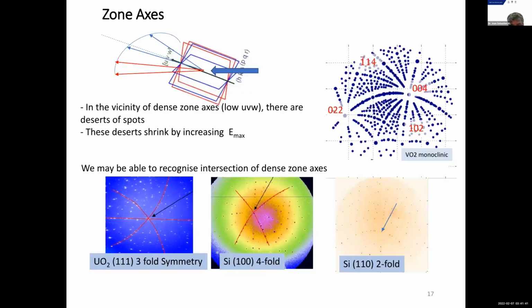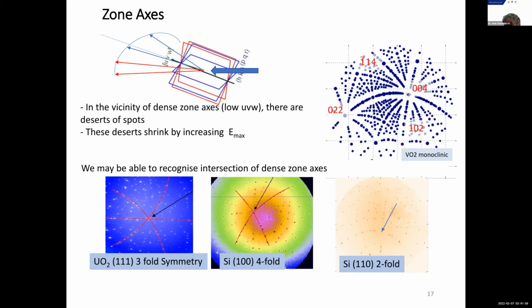So, zone axis, maybe if you have questions, I can answer. What can be said is that we can see some apparently aligned spots, and in the Laue pattern this is really beautiful.